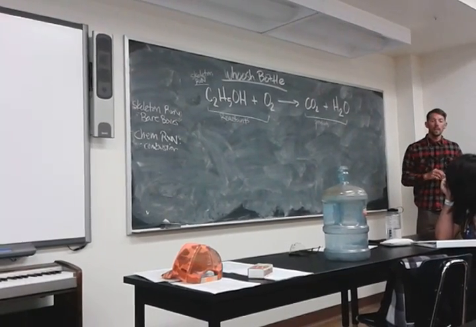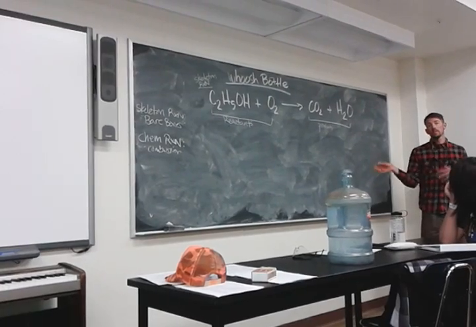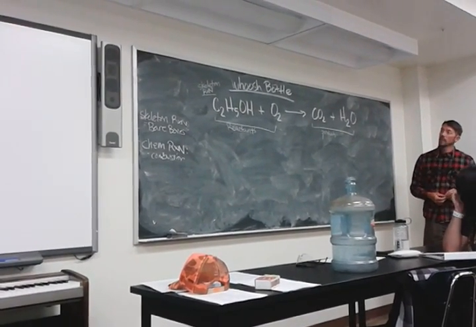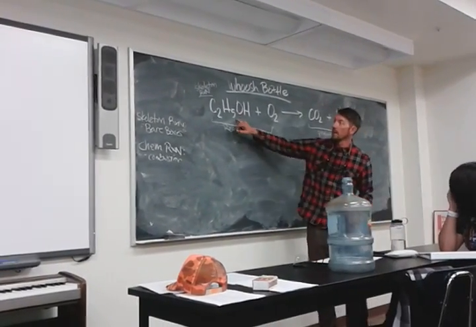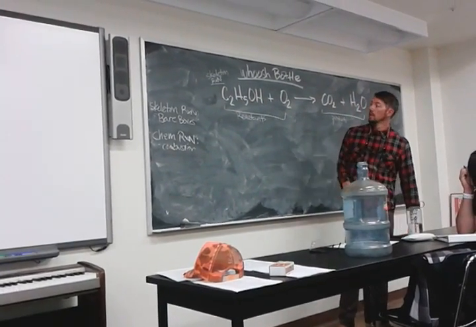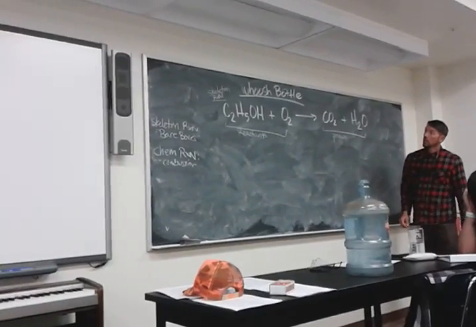So we would say a car engine has an incomplete combustion, and it produces other things like carbon monoxide or carbon. But in general, if you take a pure hydrocarbon, which this is, made up of hydrogen, carbons, sometimes oxygens, we'll always create these products here.